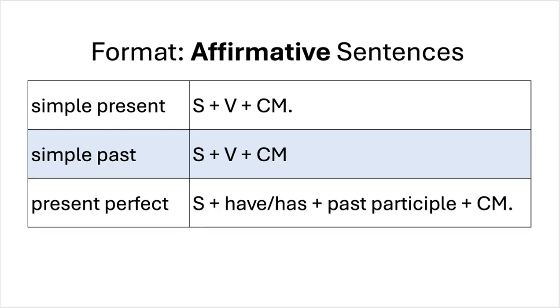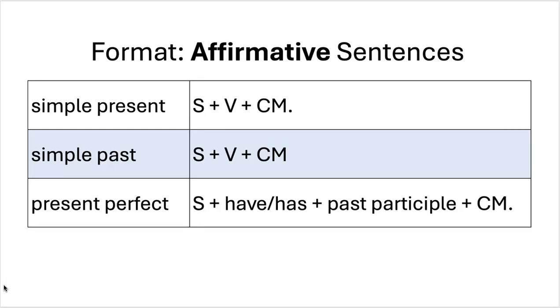Now let's talk about the sentence format. And again, I like to compare the simple present, the simple past, and the present perfect. I don't want you to forget the tenses we've already learned. You'll notice that the simple present and the simple past have the same format for affirmative sentences.